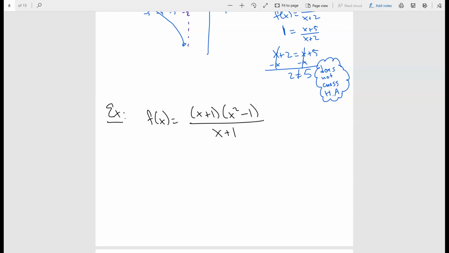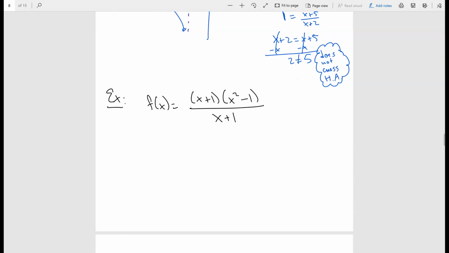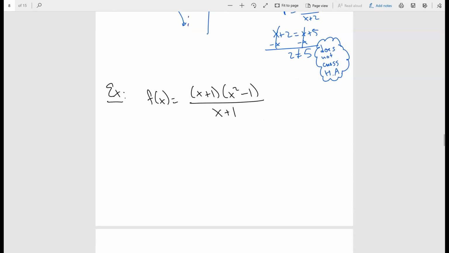So this one's a little silly because you can immediately see that this is already factored, and you can clearly see that there's going to be a hole here at x + 1. So you have your new function, which is going to be this x² - 1. Notice that we don't have a rational anymore, and we have this x + 1. So hole at x + 1 equals 0, so x equals -1. Okay, so at x equals -1, you're going to have a hole.